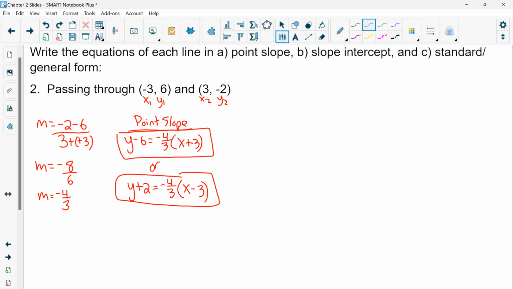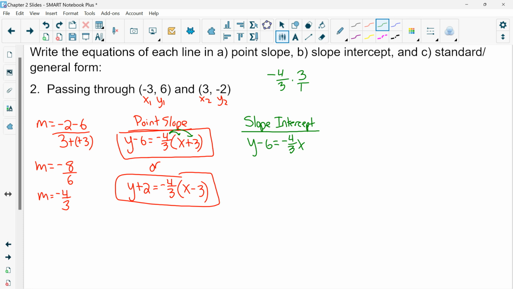As we go to slope intercept form then, we just have to get the y by itself. So I'm going to distribute the -4/3 into the parentheses. And so that would give me -4/3 x. And then -4/3 times 3.